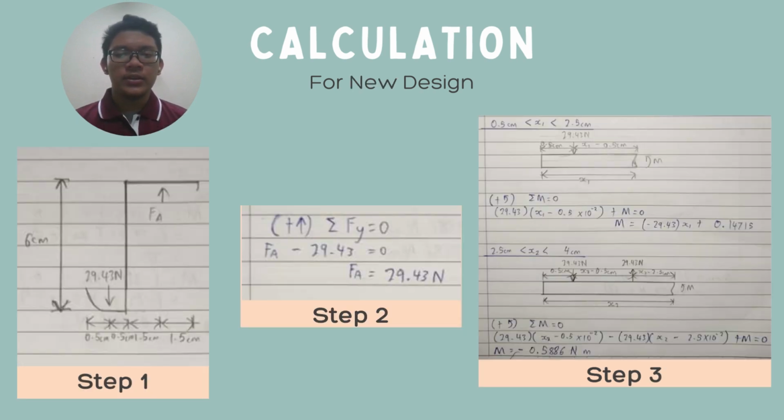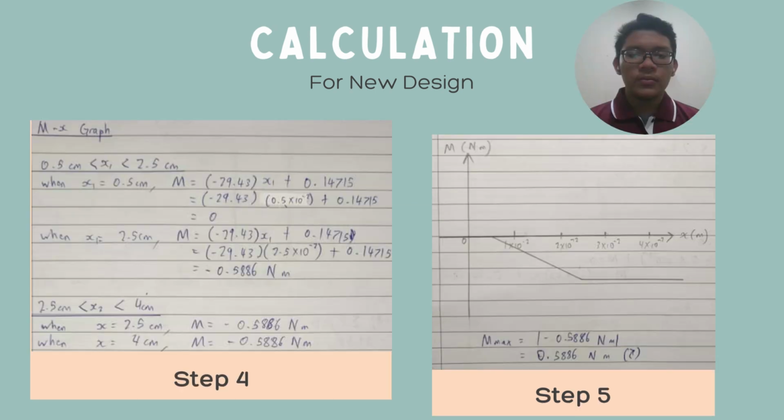For the new design, we have to do roughly the same thing as the original. For the first step, we have to make the free body diagram and label all the forces and distances. For step 2, we have to find the reaction force at A by using the sum of Fy. For step 3, we have to cut the component into several parts and find the bending moment individually.